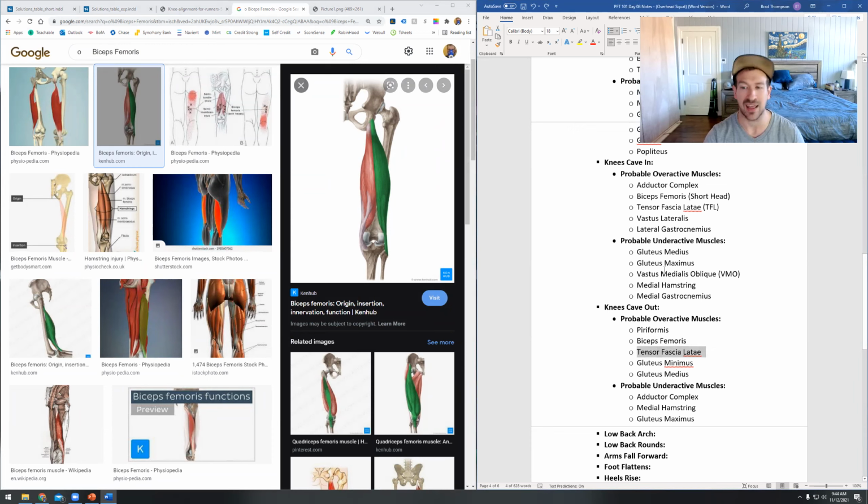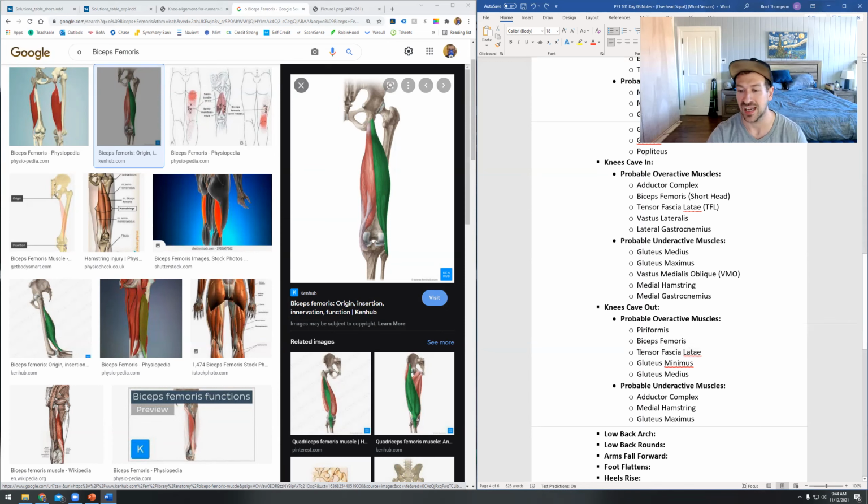TFL is really tight here. That one confuses people, and I still have a hard time remembering that that's on the list here because the TFL causes internal rotation. So why is that a problem when someone is knees caving out? Well, it's related to the hip flexion action of it. This is also a hip flexor. It does internal rotation and hip flexion.